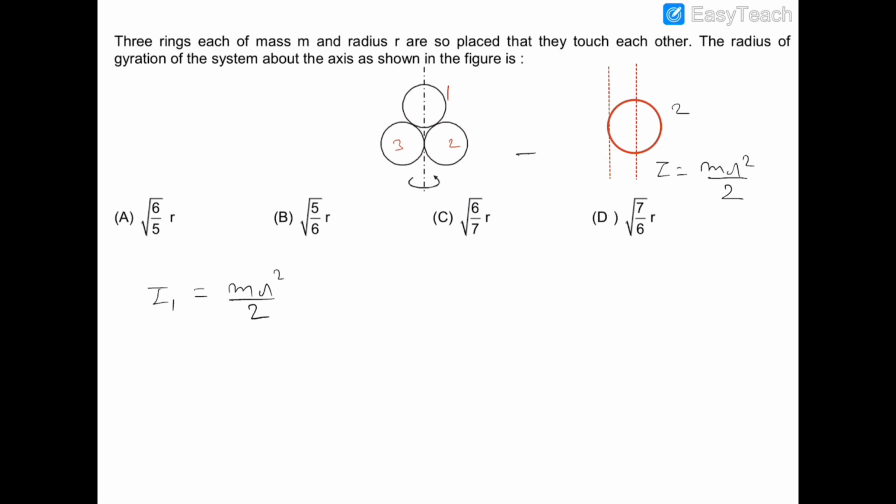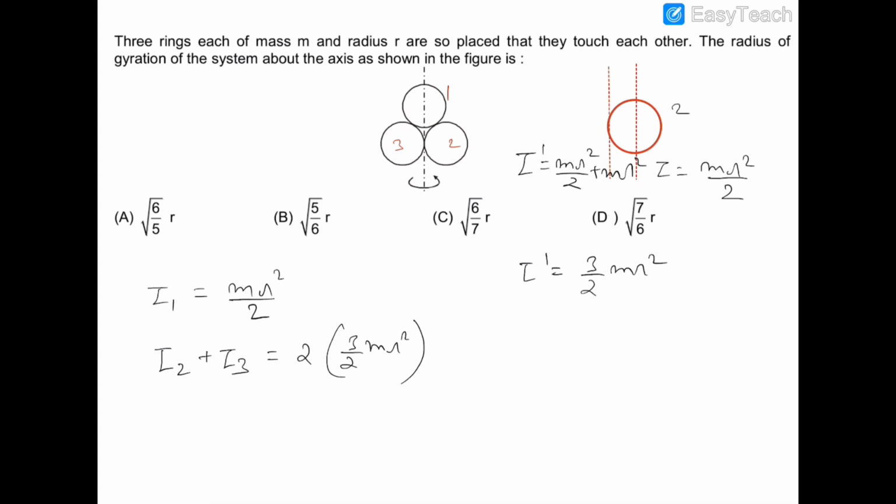So I about this axis, I dash, would be mr square by 2 plus mr square. So I dash would be 3 by 2 mr square. So I2 plus I3 would be equal to twice of 3 by 2 mr square, which is 3 mr square.